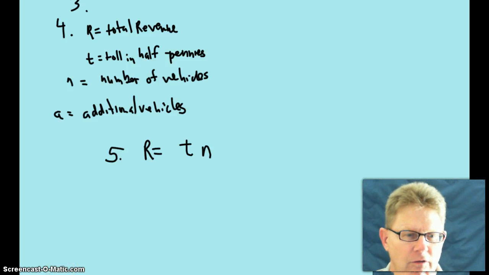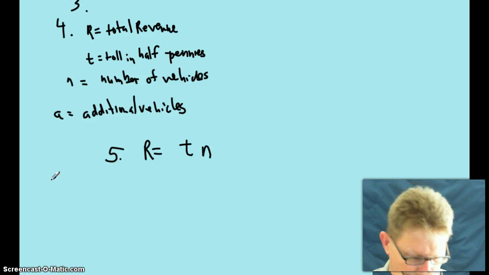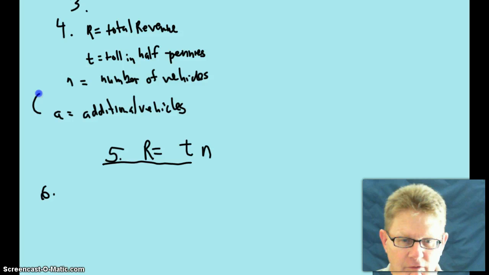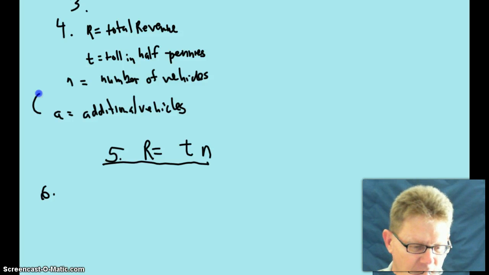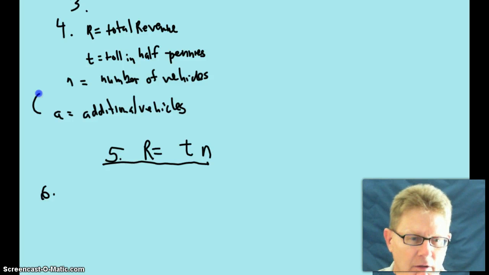Okay, and this is by far the hardest part right now, coming up with some additional equations and changing this into an equation of all one variable. That's definitely the difficult part. Any additional things we can do? We need to get A, the additional vehicles, in terms of T and N. So let's see here.